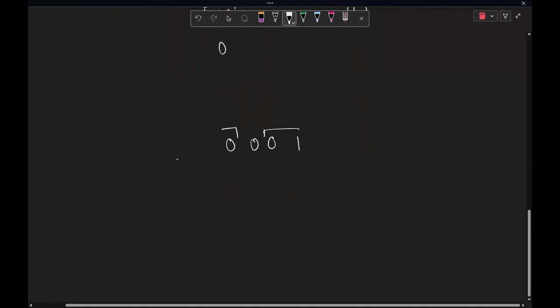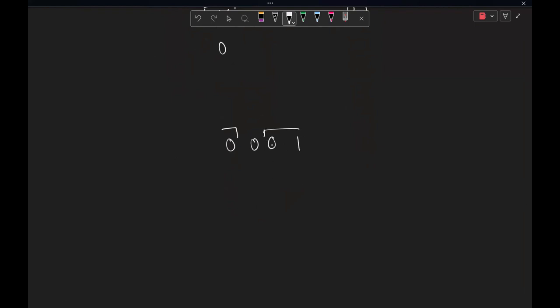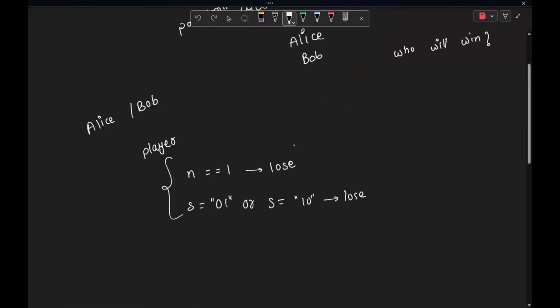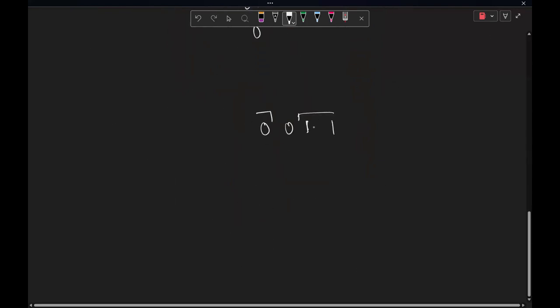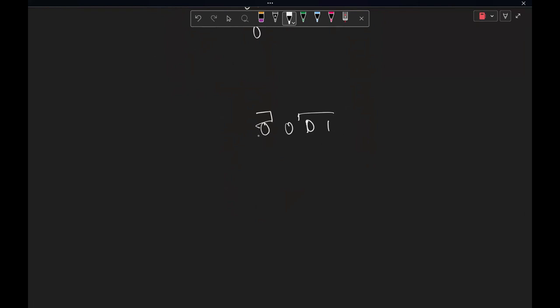I can choose this as the substring. In case it was a bit different, if there was a one here, then still I could have chosen a substring. If there was a zero here, then still I could have chosen a substring here. If there was a one here, then still I could have chosen a substring.